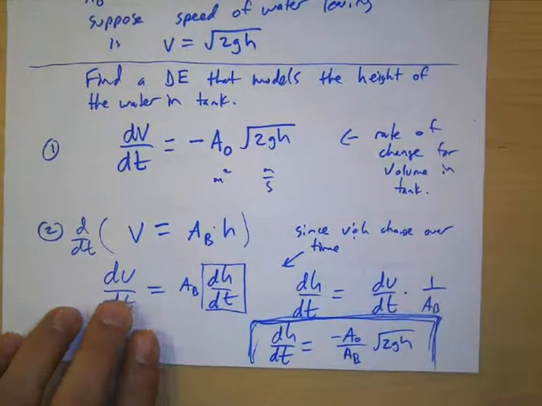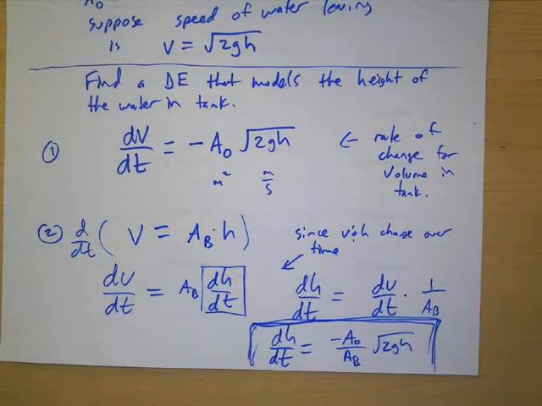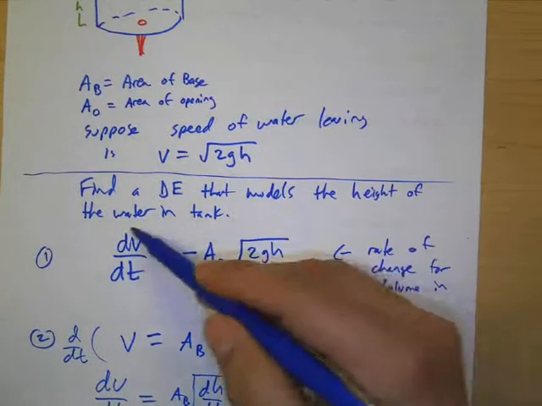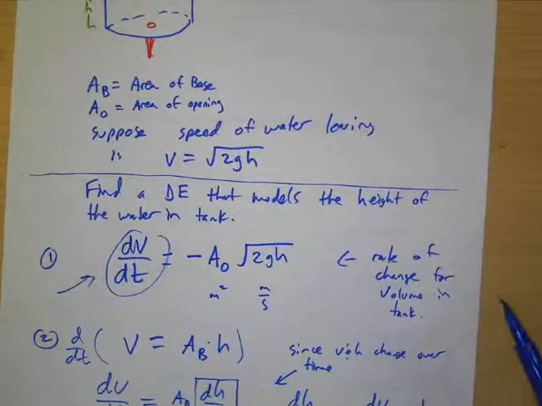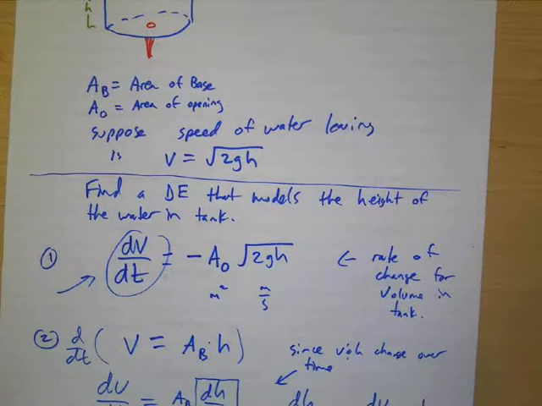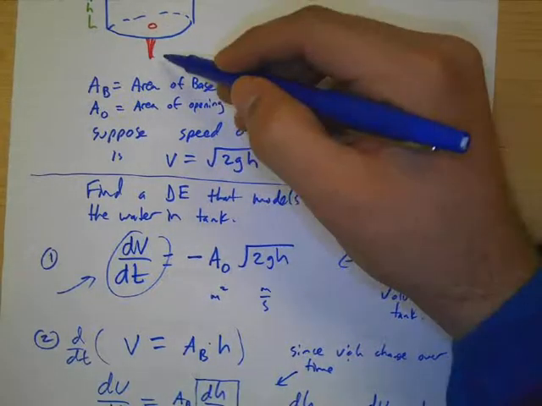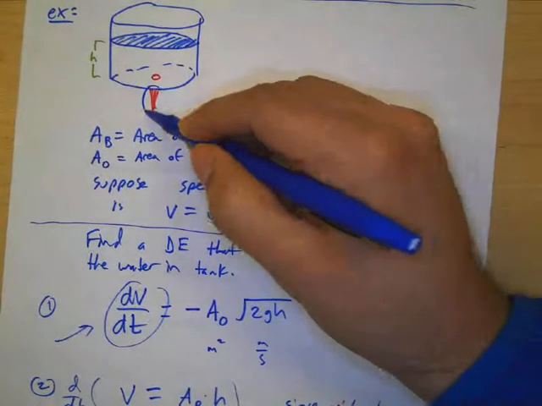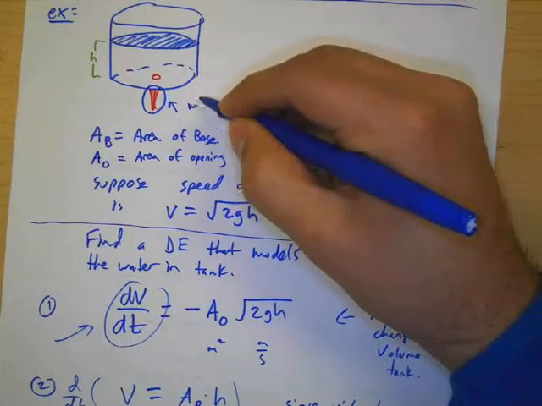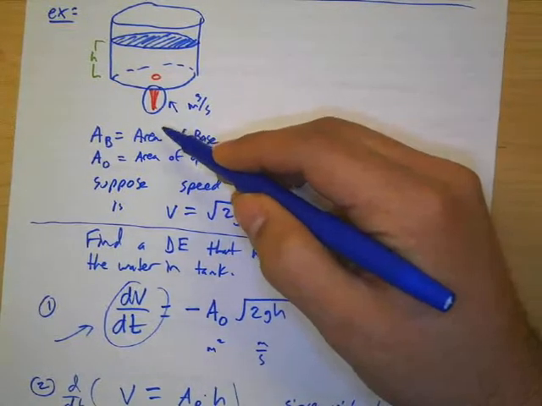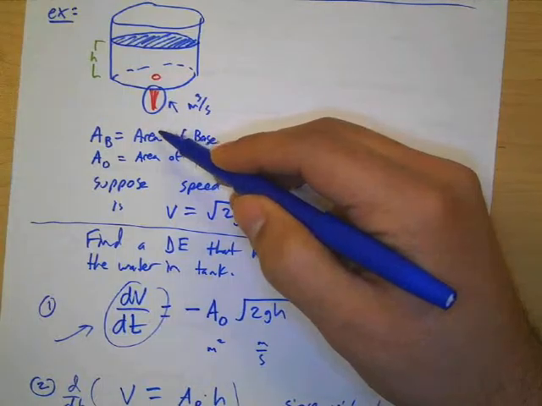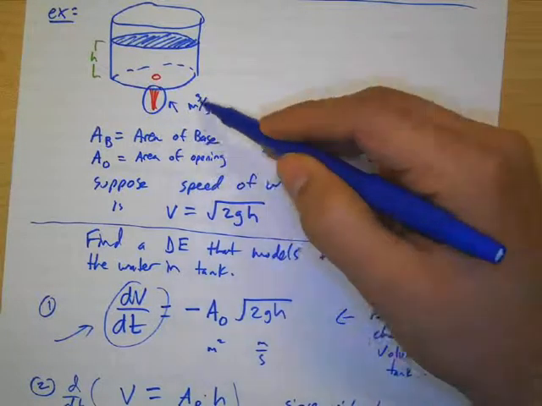Yes? Go over again how dV equals negative. Sure. So this is just what? What does that represent? The rate at which volume is changing. And the rate at which volume is changing is basically how much volume of water is leaving the tank, right? So that's meters cubed per second. So one way to look at it is, okay, how could I figure out this volume?